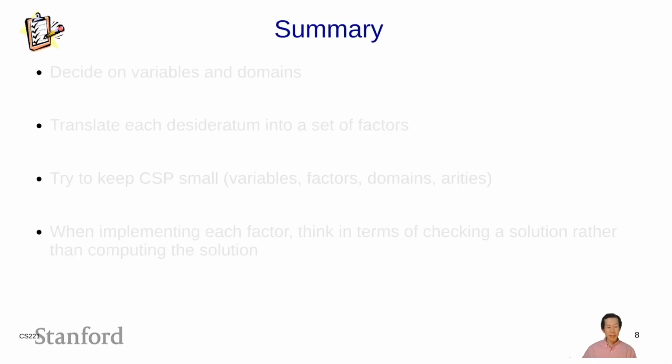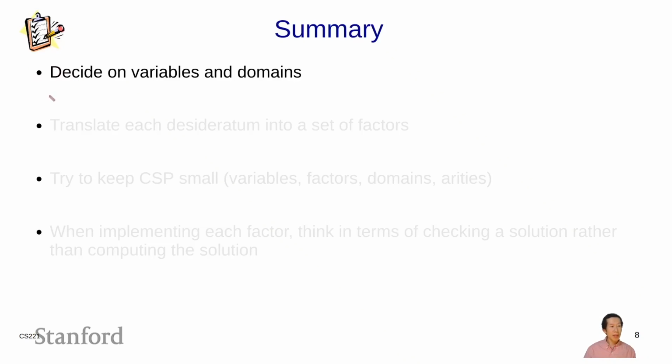Okay, so we've presented a number of examples of real-world problems and shown you how to formulate them as a CSP. So how do you do it? Well, the first step is to decide on the variables and the domains. And you want to check that an assignment to all these variables gives you the result of interest.